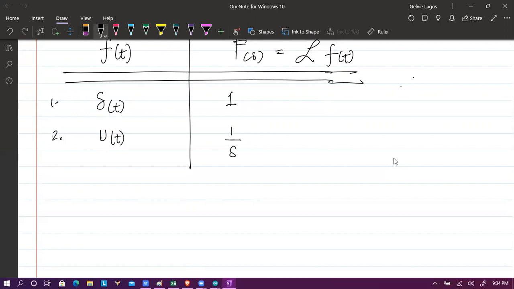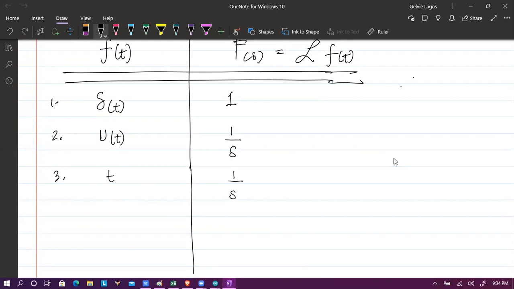All right. Now, what about the Laplace transform of the linear function? Let's say the linear function is defined as t. Can you still recall the Laplace transform of the linear function?